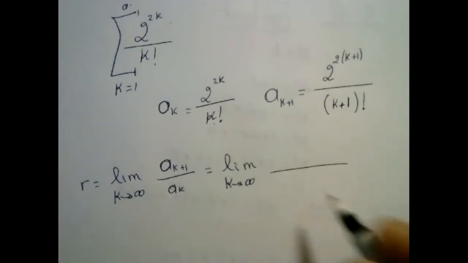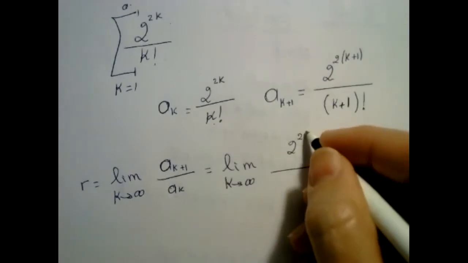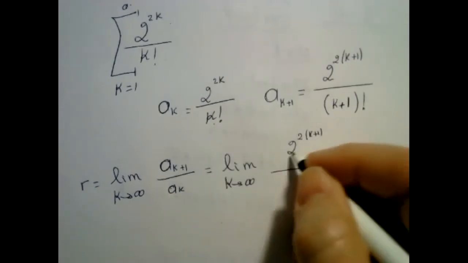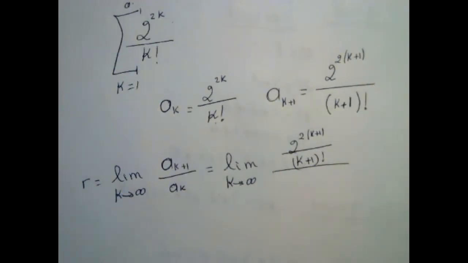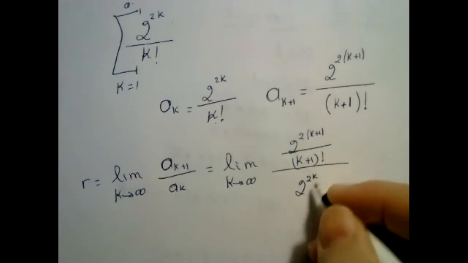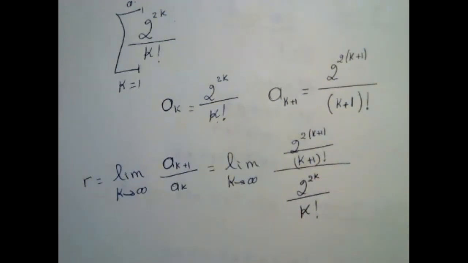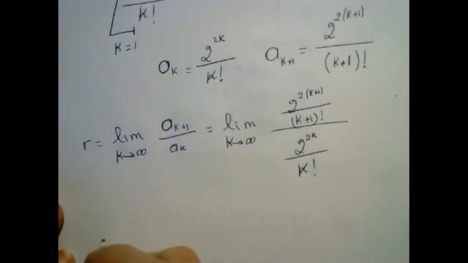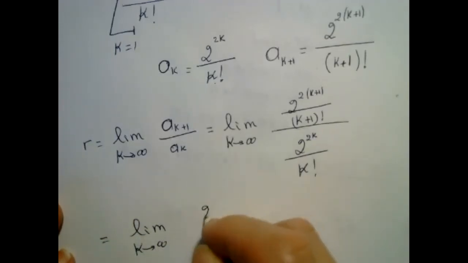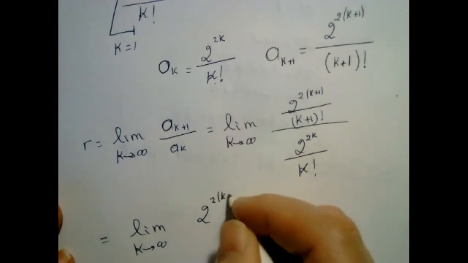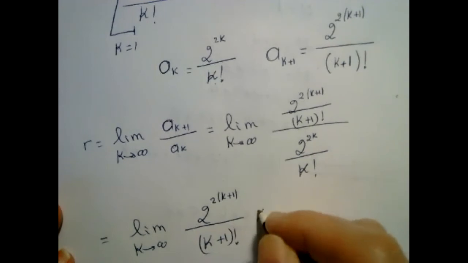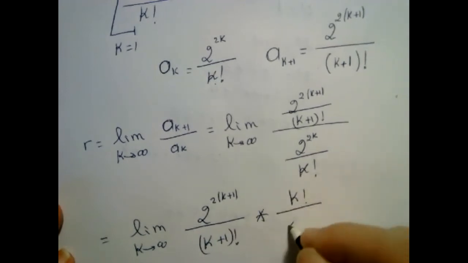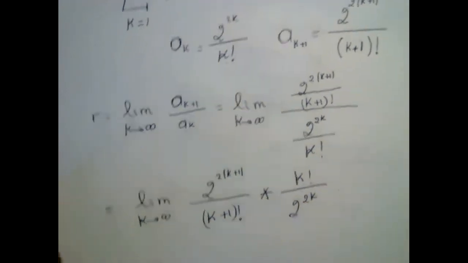All right. 2 to the 2(k plus 1) over the quantity k plus 1 factorial, the whole thing divided by 2 to the 2k over k factorial. And now I have to use the property of fractions: this becomes 2 to the 2(k plus 1) over k plus 1 factorial times k factorial over 2 to the 2k.